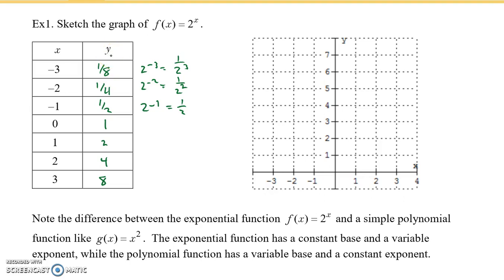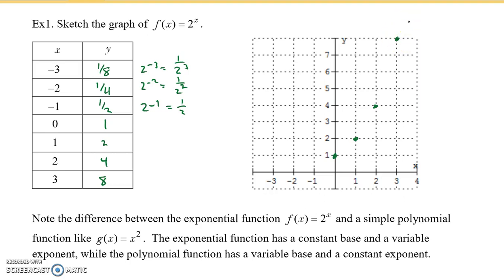Now notice all of the y coordinates, all of the y values, are positive numbers, even though the x's can be either positive or negative. Let me plot these points now, and then we'll sketch the curve. So let's again begin with x equal to 0. We have 0, 1, which is a y-intercept, 1, 2, 2, 4, and 3, 8.